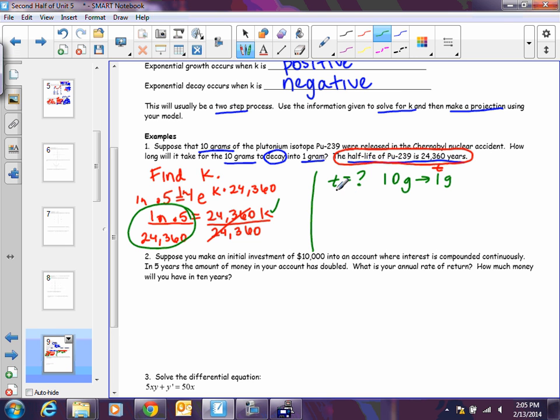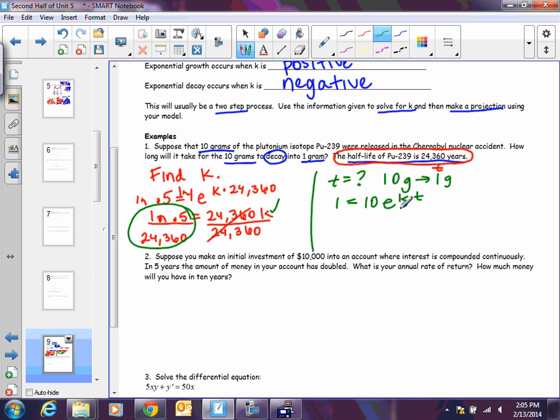And so in my y equals ce to the kt, the current amount would be 1, my initial amount would be 10, my k is the k from over here, and my t is what I'm looking for. Is this sounding familiar?